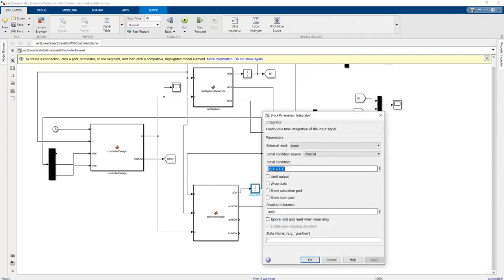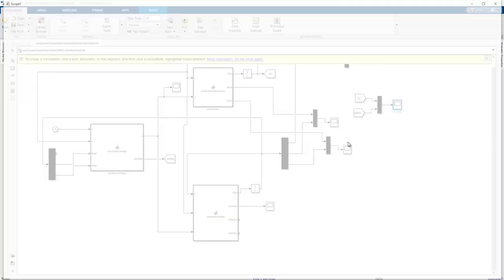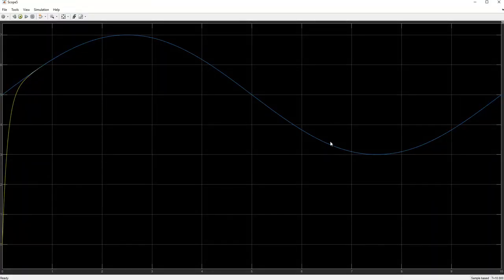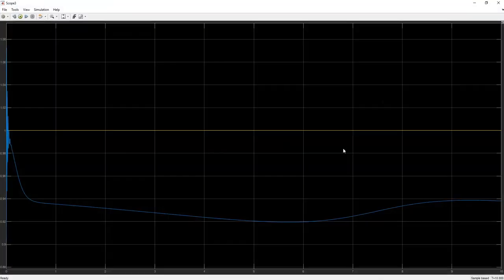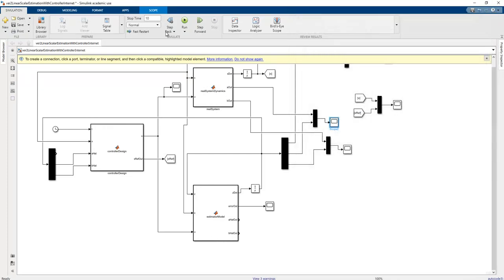But 1.1 is given like this one, 0.9, and 0.9 is also used at this time. Okay, and so the X hat also tracks the reference signal in here, but B hat and A hat is also stabilized.